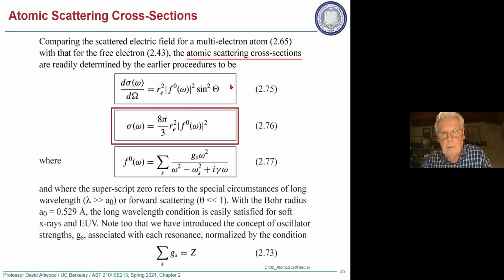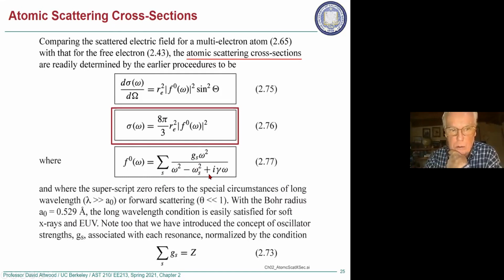This is just a summary slide, okay? Basically for all of these oscillations here, we're going to sum, for instance, for a single electron, if there were different resonances, we would have to sum over what we would call oscillator strengths.